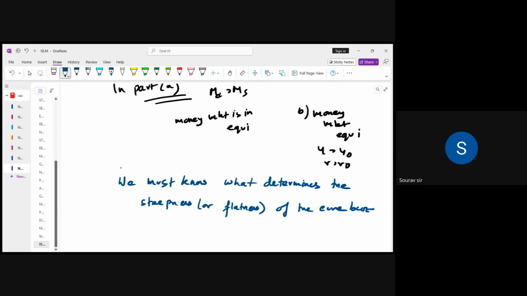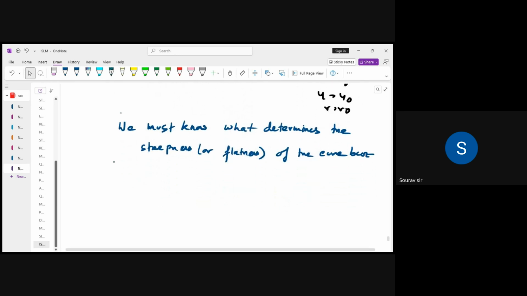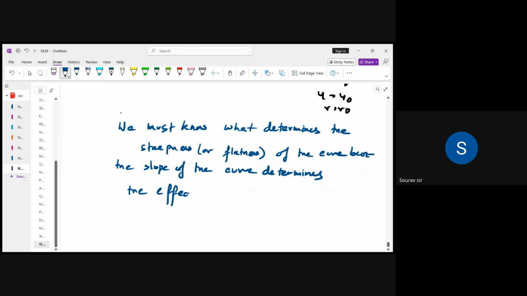Because the slope of the curve determines the effectiveness of stabilization policies.